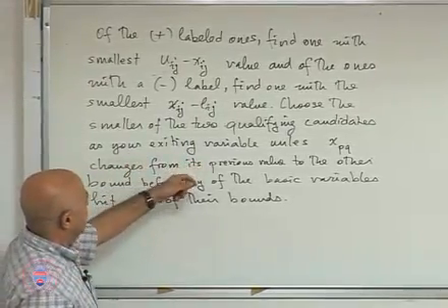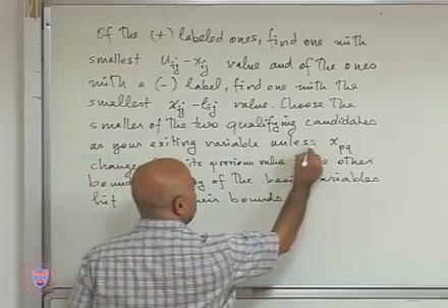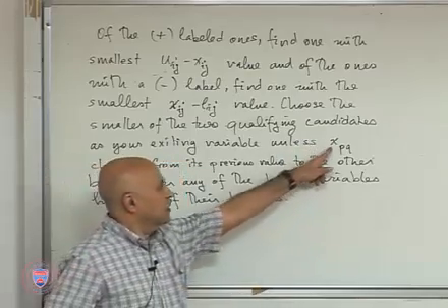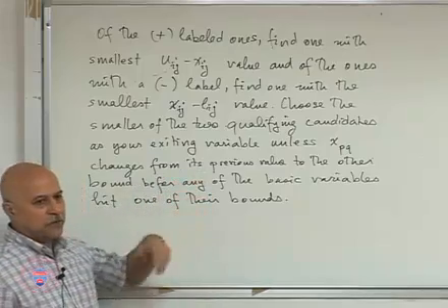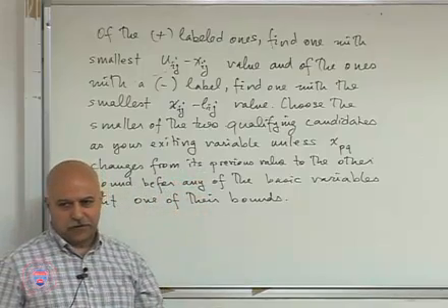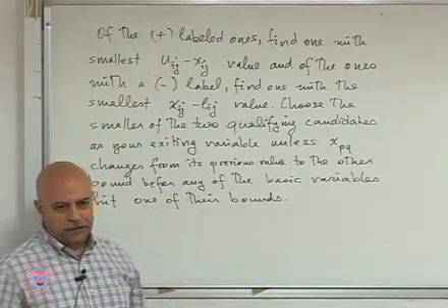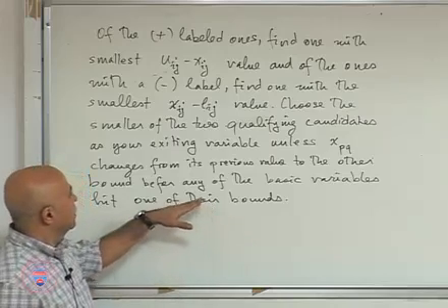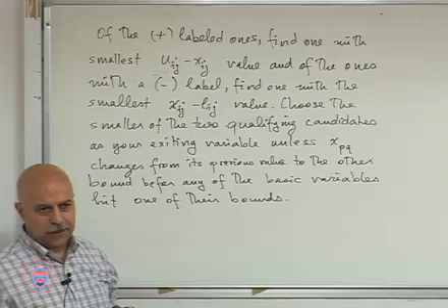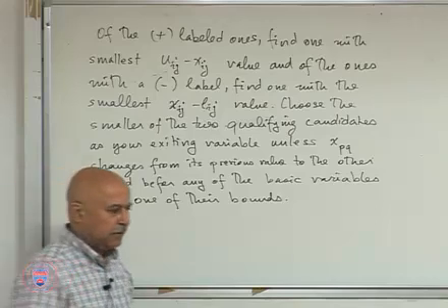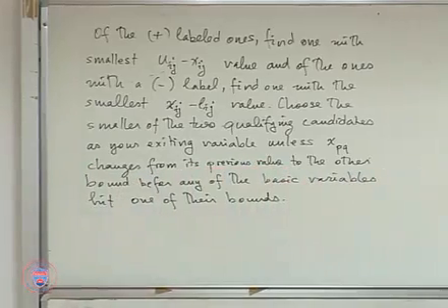As your exiting variable, unless the incoming variable, xpq, happens to switch from its current bound or current value to the other bound prior to one of these former switches can happen. Okay? All right. So that's the main idea.